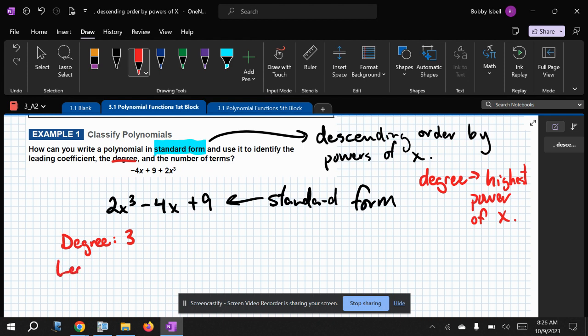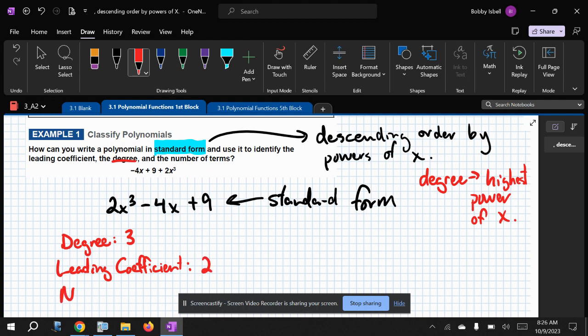Our leading coefficient, what's a coefficient? Yeah, 2 and negative 4 are coefficients. 9 is technically a coefficient. It's a constant, but it could be the coefficient of x to the 0 power if you wanted to think about it that way. But the leading coefficient is the one that's in front, 2. So the leading coefficient is positive 2.